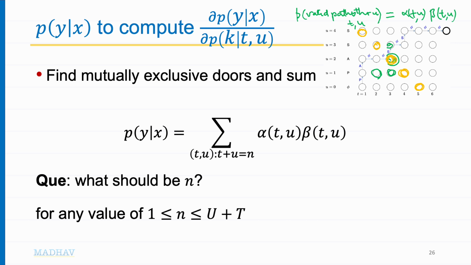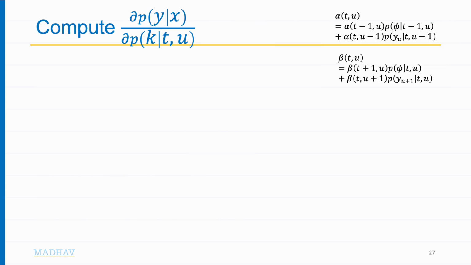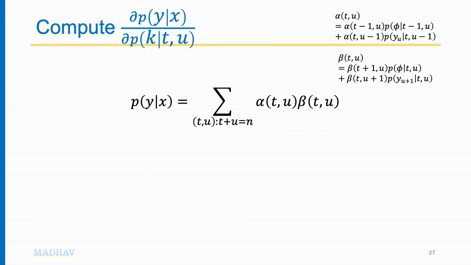Okay, so now let's come to the derivative part. So now we found the paths. Now taking the derivative is easy, right? So basically you have to take the derivative at one particular node like this, and then sum over all these doors. That's it. So, okay, now tell me, I'm repeating the formula here.